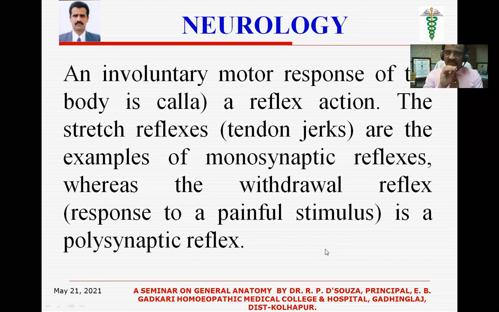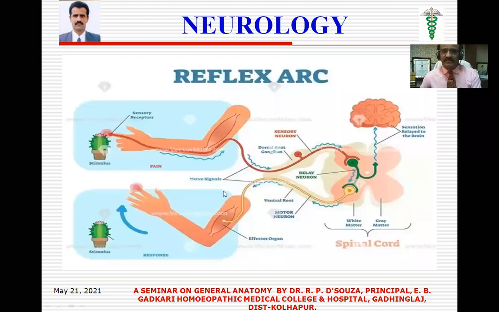Now, the painful stimulus, okay, and that image is quite common in the nervous system. I'll show that picture so you understand this. Now, this is your reflex, because here there is a pain, and pain is carried by the sensory receptors, okay, and finally from the brain there is a command for a motor neuron for the effector organ, the muscle, to take the hand back.